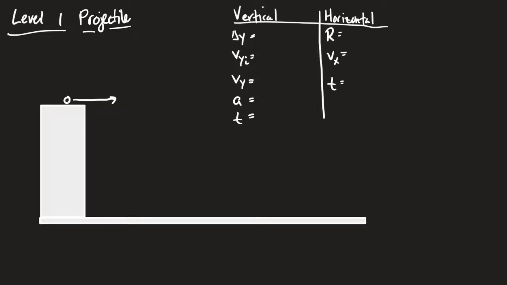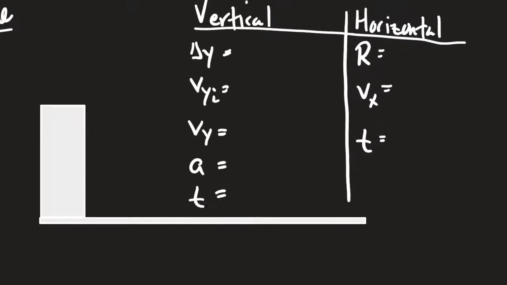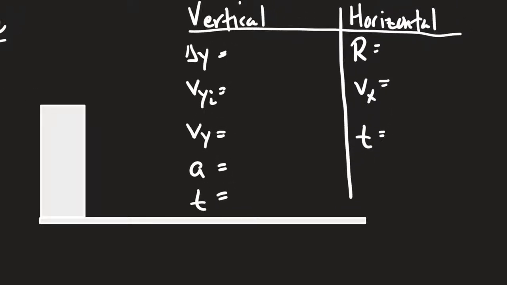So, for those of you struggling to see, in the back I can see that. That's what I've drawn. So the vertical has the 5 motion variables: displacement, initial velocity, final velocity, acceleration, and time. The horizontal, there's no acceleration. So I just have the range, which is the horizontal displacement, the velocity, and the time.